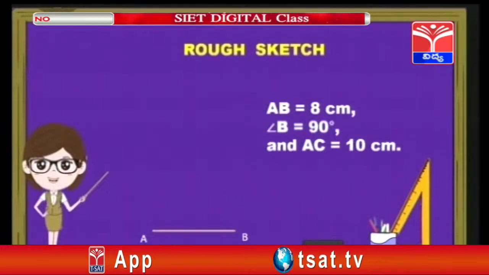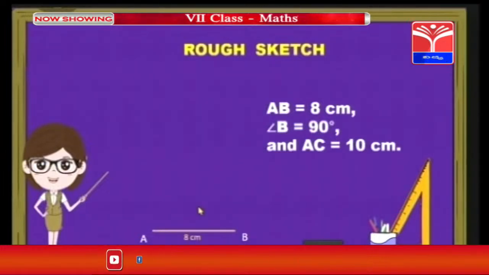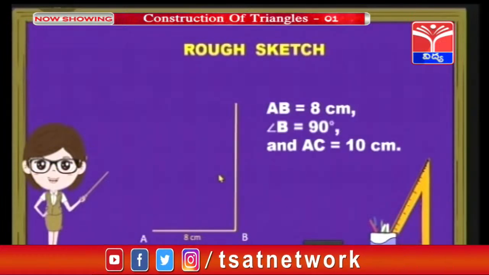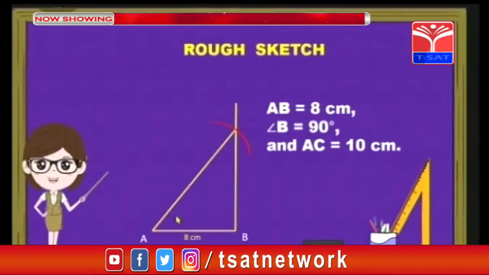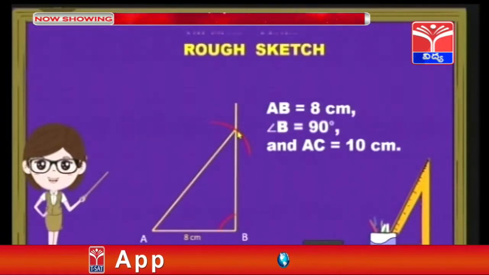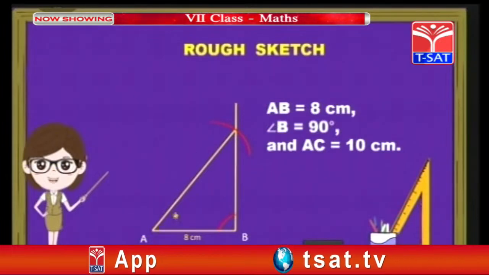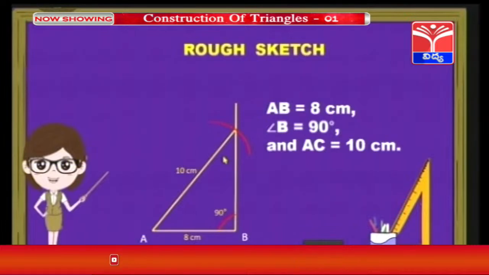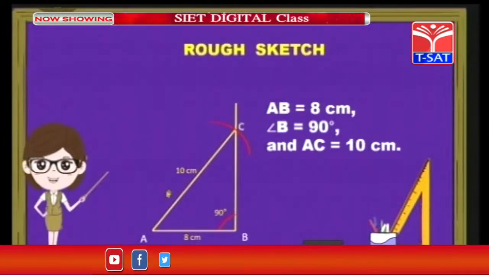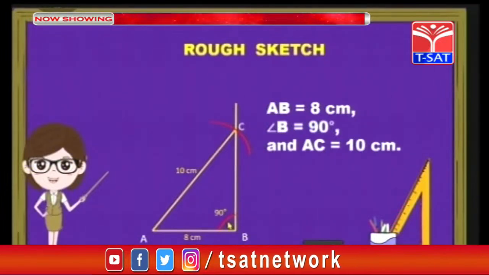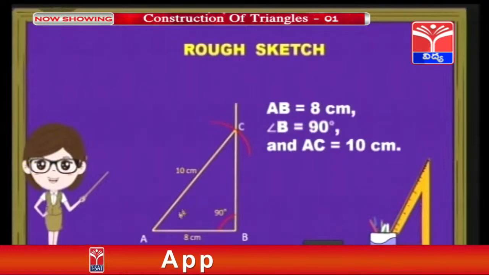AB is equal to 8 centimeters. Then after drawing angle B 90 degrees, then from A to C arc. So here we got a triangle. You can clearly see this is the longest side of a triangle, right angle triangle. Hypotenuse always lies opposite to right angle. Angle is angle B. Exactly opposite angle B is AC.